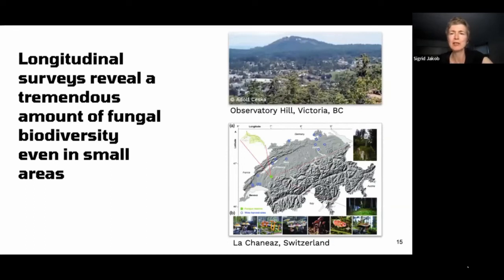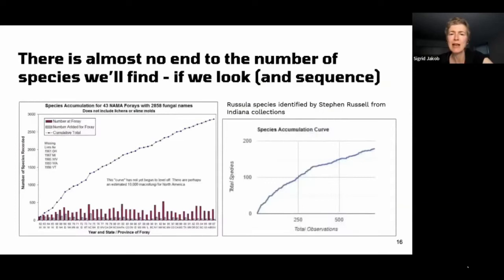But the challenge is finding it, discovering it, describing it. And that's where sequencing can help. What these two charts are, they're so-called species accumulation charts. The first one, on the left, maps the number of species that have been found in Nanopore since the 1960s.